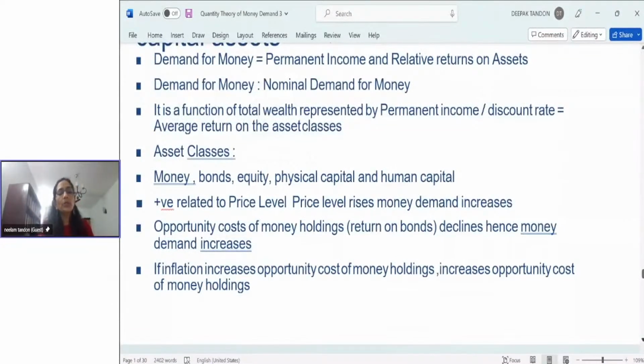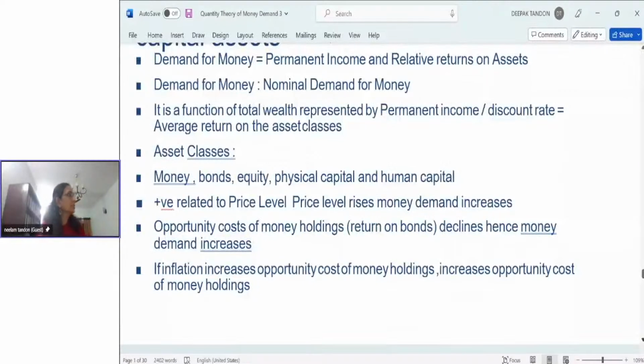Then the next is that the opportunity cost of money holding declines, hence money demand increases. If you get high returns on bonds, then the opportunity cost will be high.